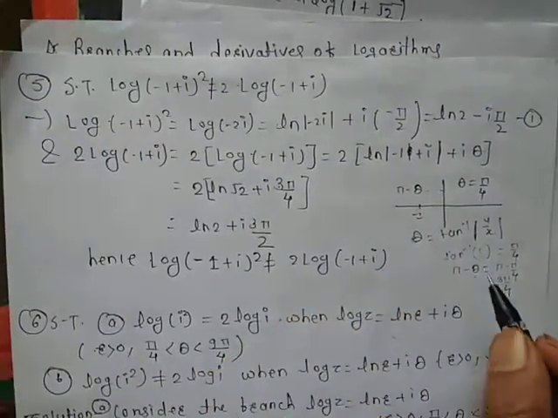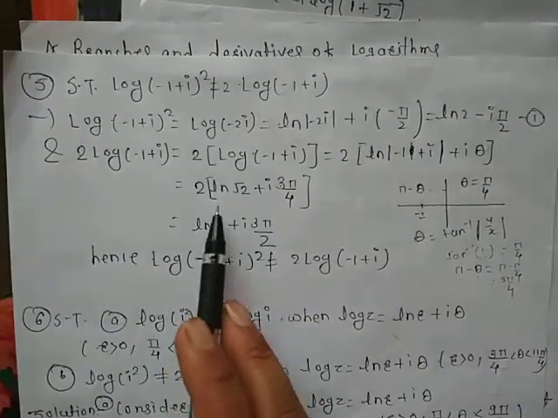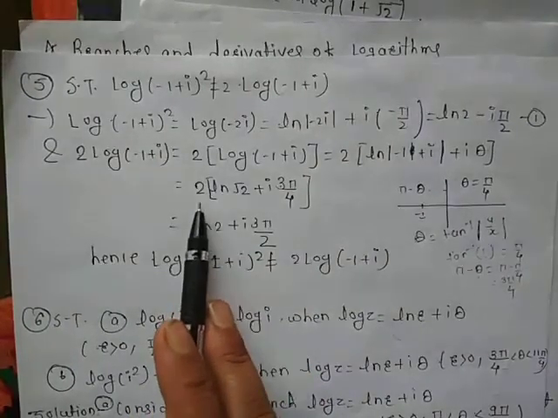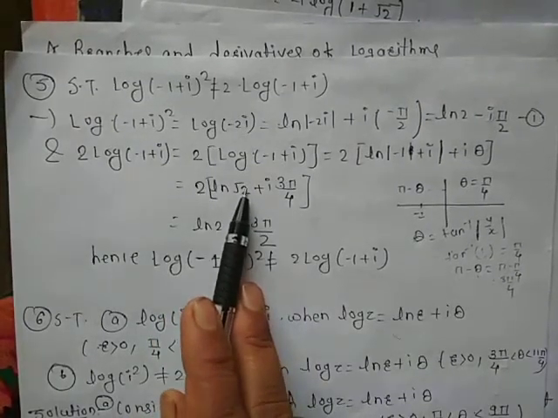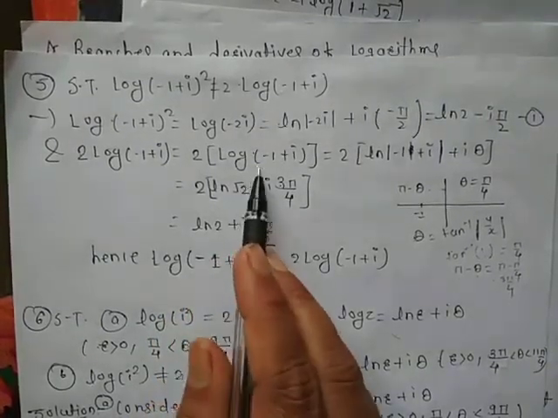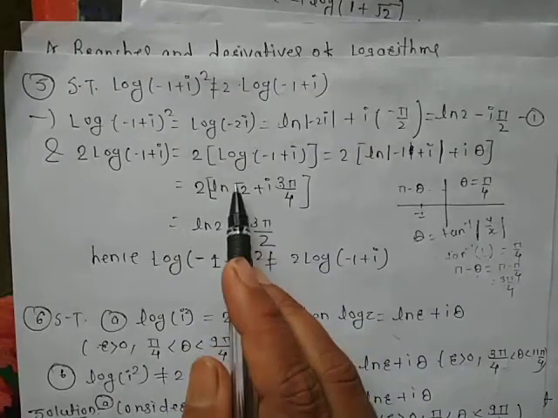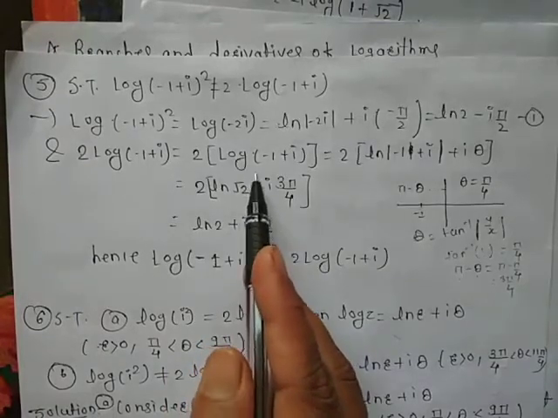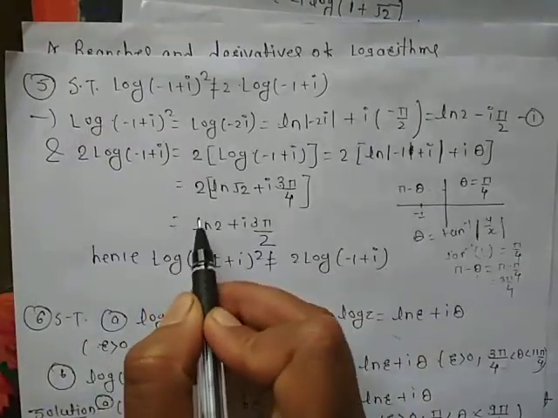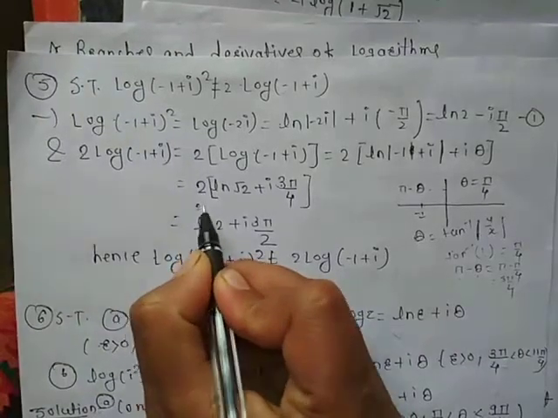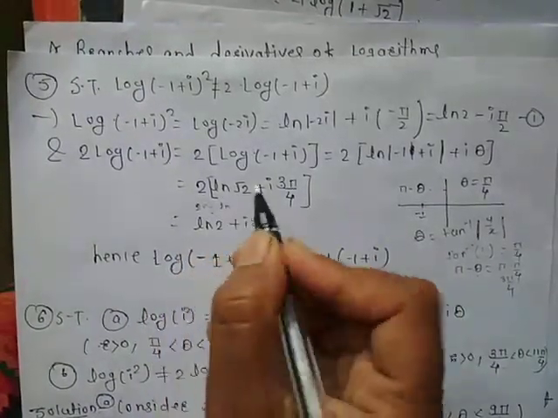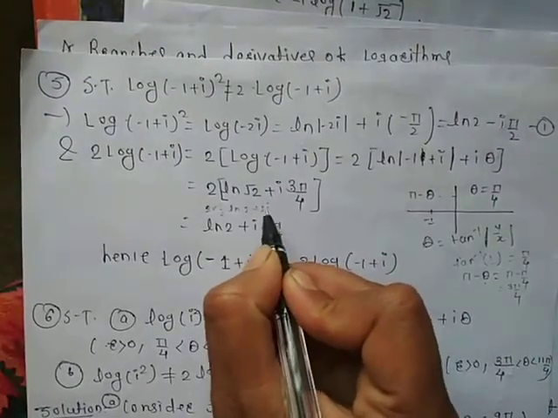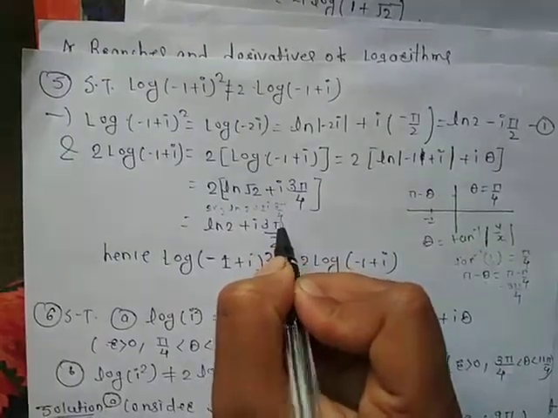Okay, so if you simplify this, from this step you will get 2 into ln of 2 raised to 1 by 2, and by using logarithm, this step will become 2 into 1 by 2 ln 2 plus i into 2 into i into 3 pi by 4.